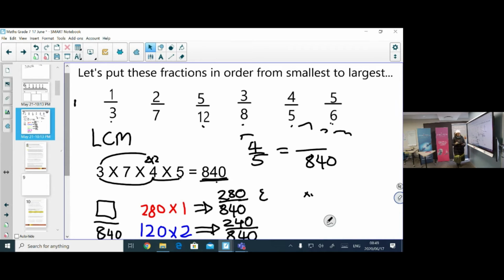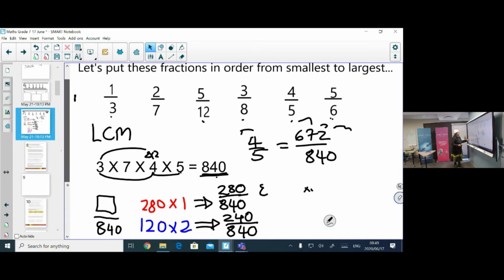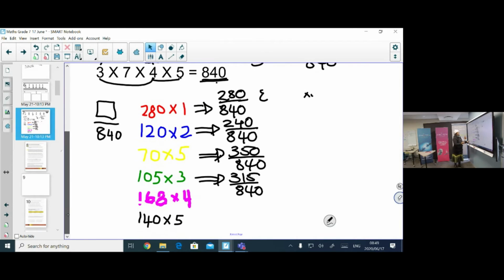You get 168, multiply by 4. Multiply by 4, you get 672. So here, 672 over 840.